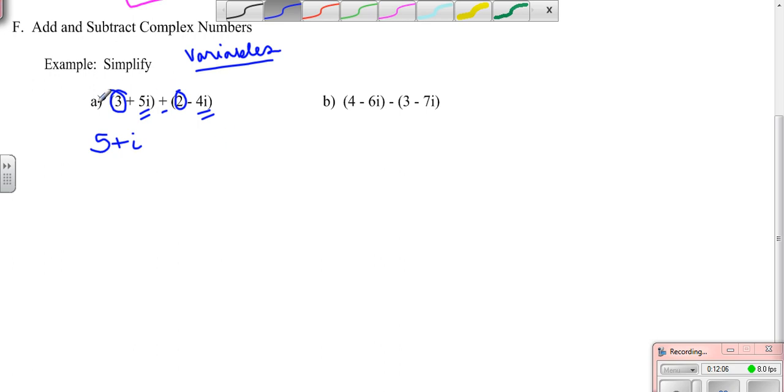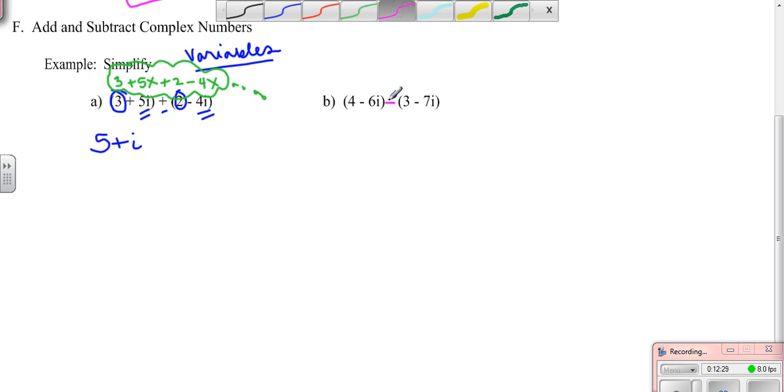And that is all there is to it. So if you're stuck, think, what would you do if this said 3 plus 5x plus 2 minus 4x? That was your little thinking to yourself. That's exactly how you would handle an imaginary part.